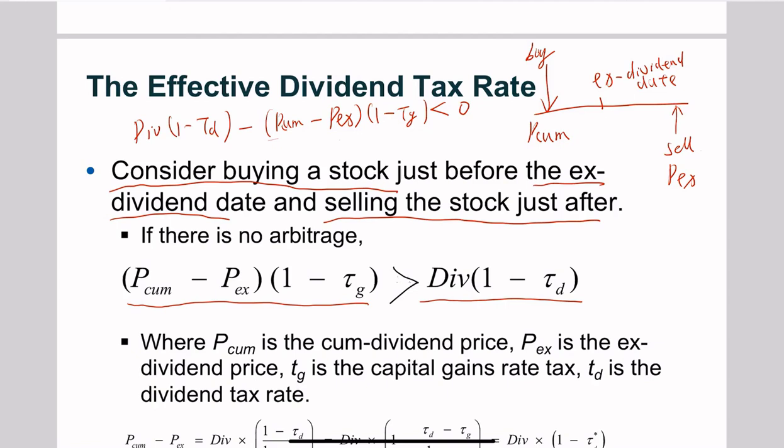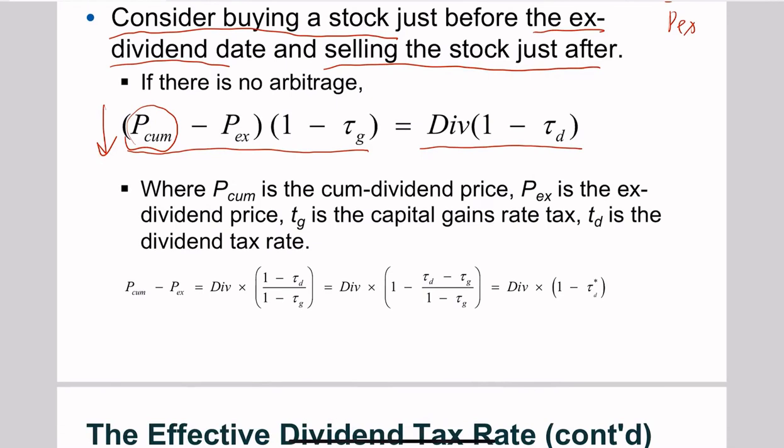To be more specific, they will rush to sell this share before the ex-dividend date. This will push down this PCUM, right? So this cum-dividend price will be pushed down because of this selling from shareholders. So in the end, the left-hand side will be smaller. So we will again have this equality sign, right?